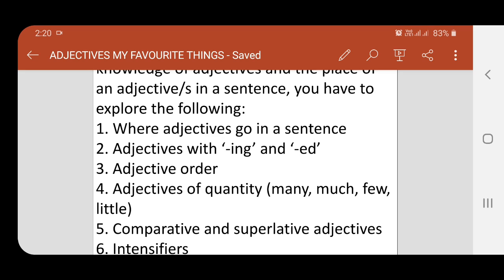Sometimes adjectives can also be used after a link verb like be, look, or feel. Their house is beautiful. That film looks interesting. Looks is a link verb. Interesting is the adjective.